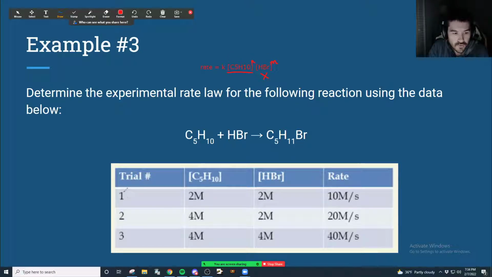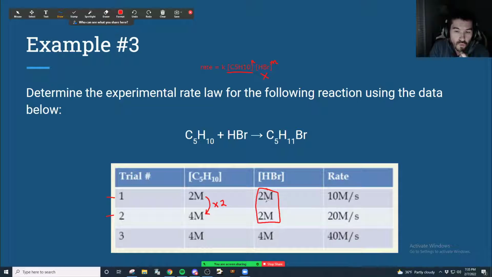And if you look here, Trial 1 and Trial 2 will give us an opportunity to do that. The concentration of C5H10 changes from 2 to 4. So, in other words, it doubles. The concentration of HBr remains constant.